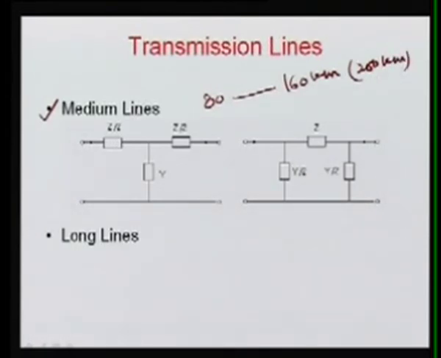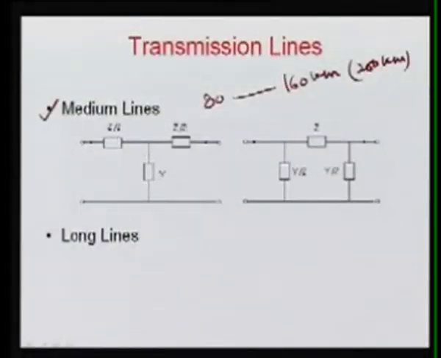Then it is your medium line, and for a medium line we cannot ignore the charging. We have to take the charging into account, but in the medium line the distributed parameter can be considered as a lumped parameter. Because there we have series and shunt components, where the shunt parameter is connected decides which type of configuration we are using.